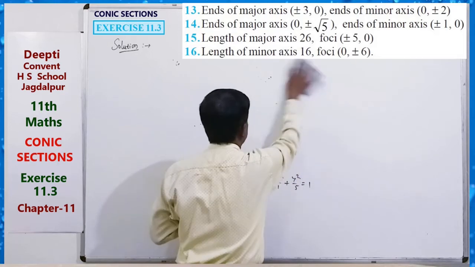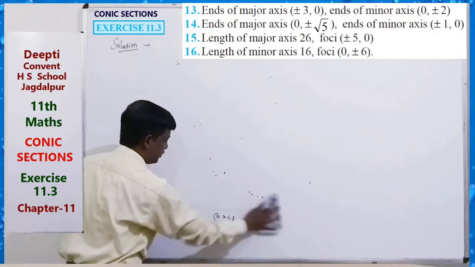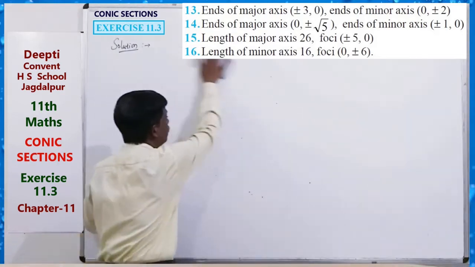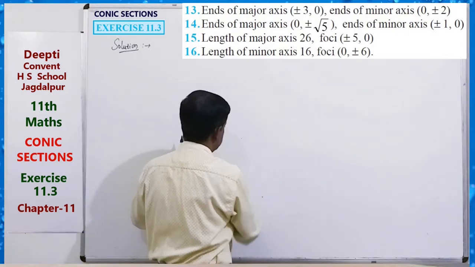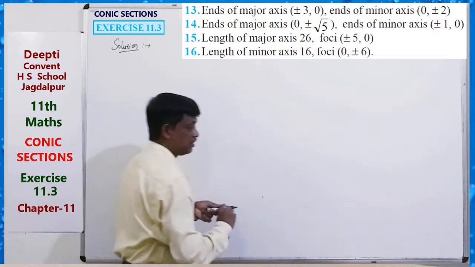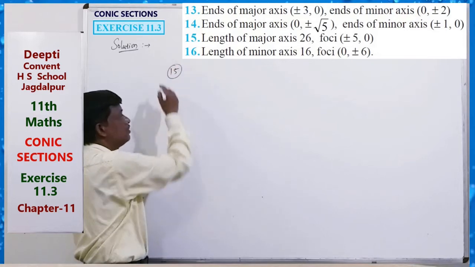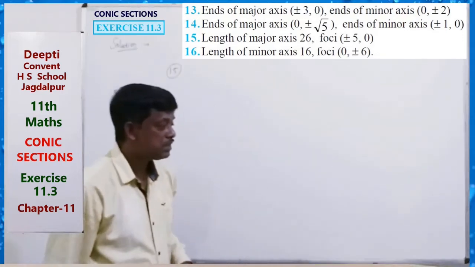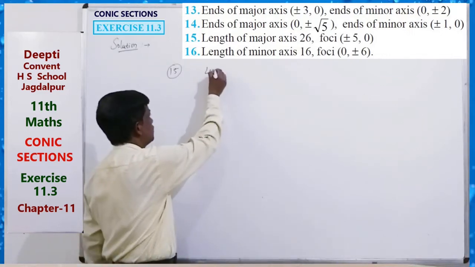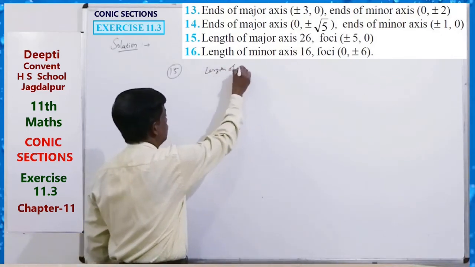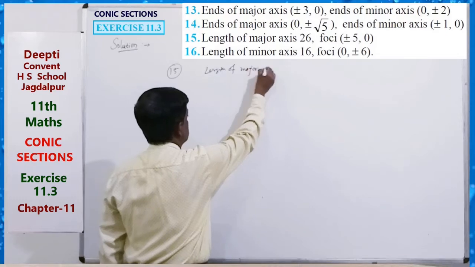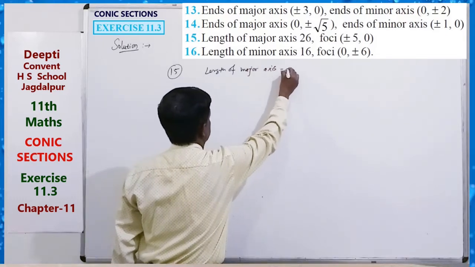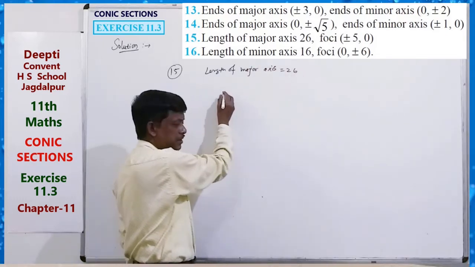Now question 15. Length of major axis is 26. And what is given?